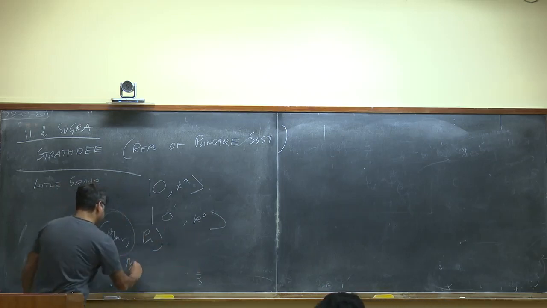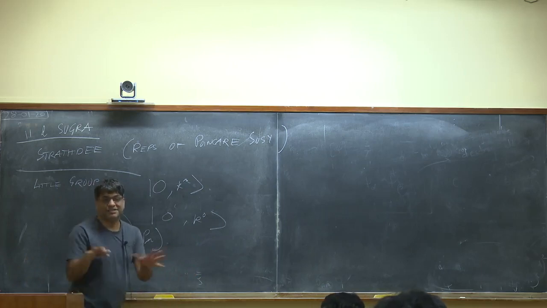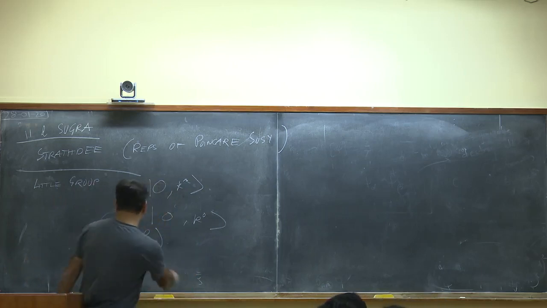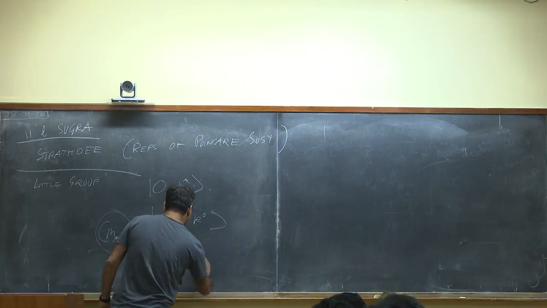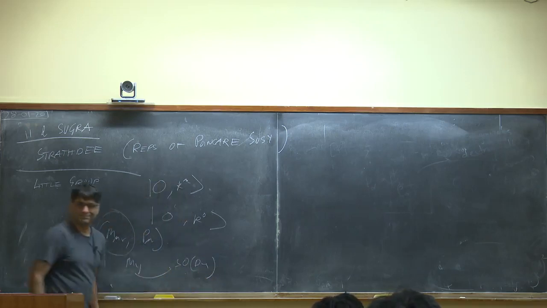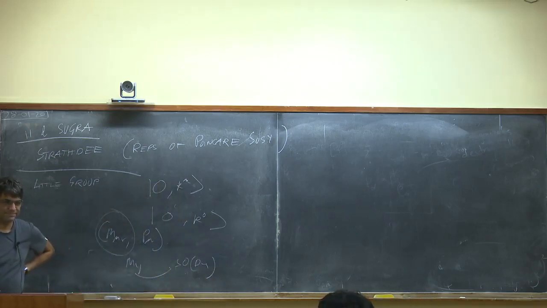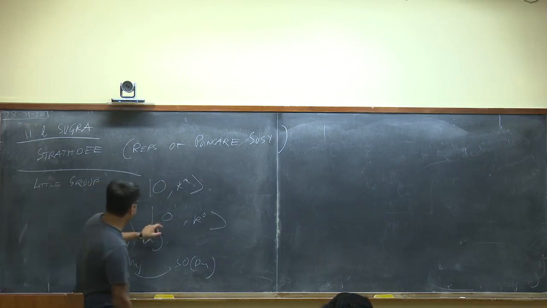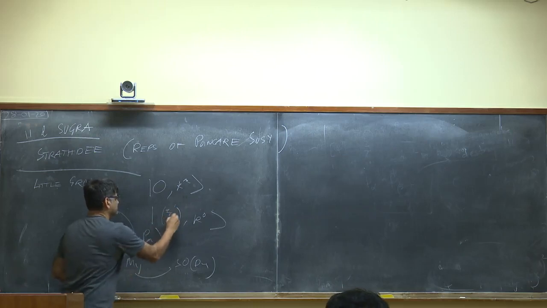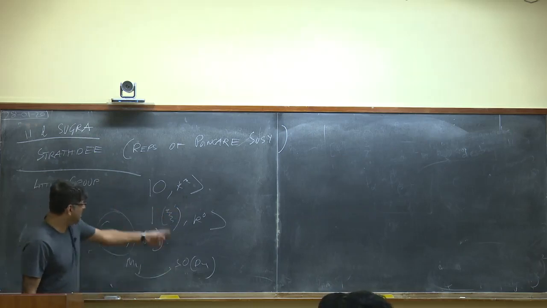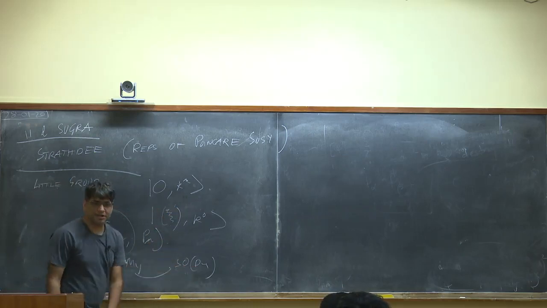Well, clearly M^ij, where i, j are spatial indices. So these are generators of SO(d−1). Okay, so these other indices here are indices of a representation of SO(d−1).